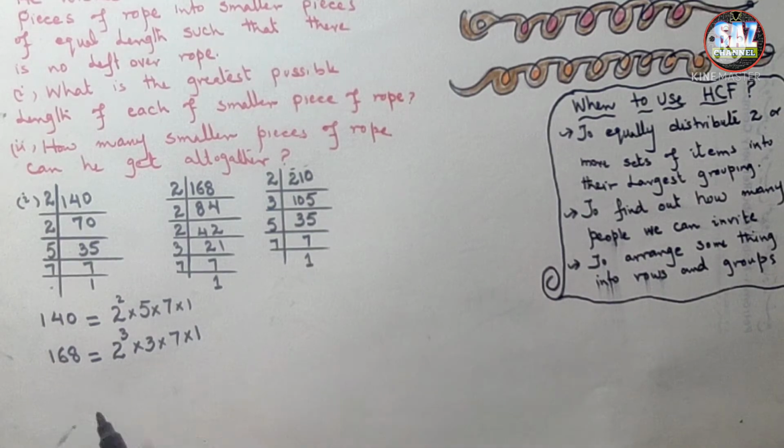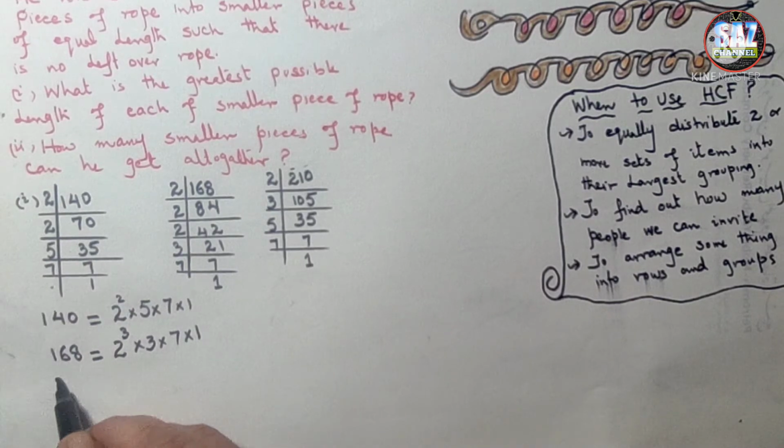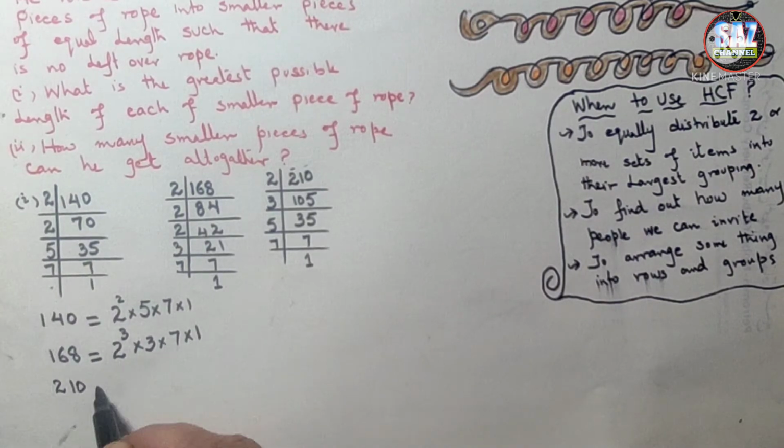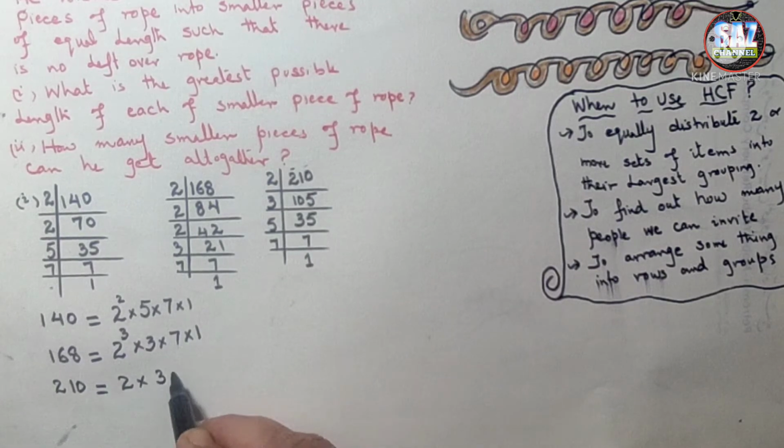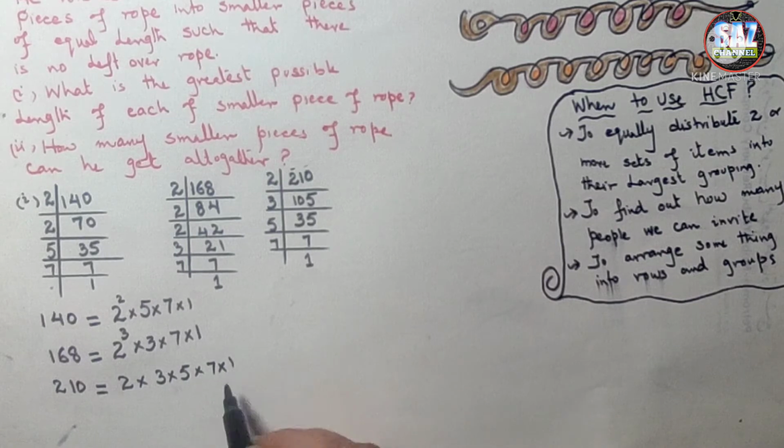The factors for 210 are 2 multiplied by 3 multiplied by 5 multiplied by 7 and 1.